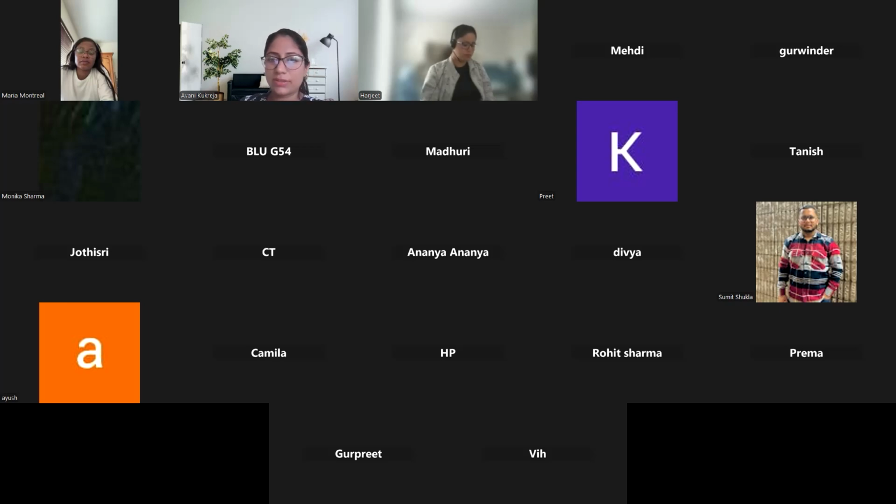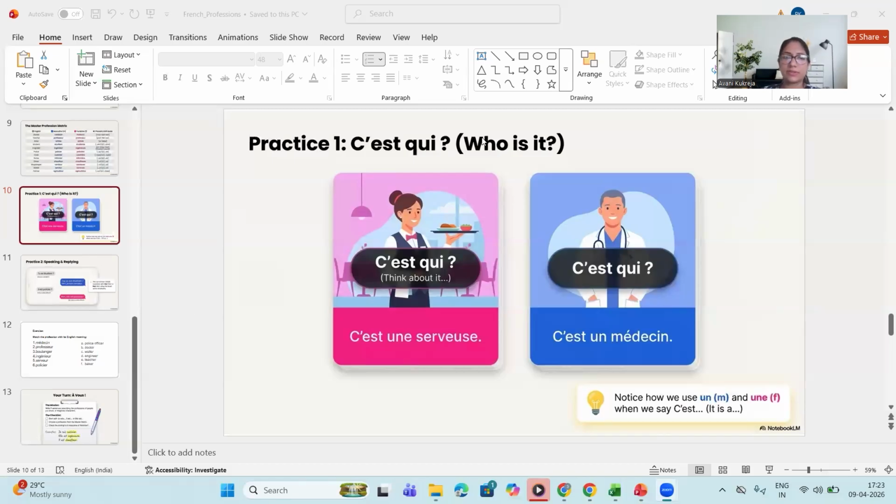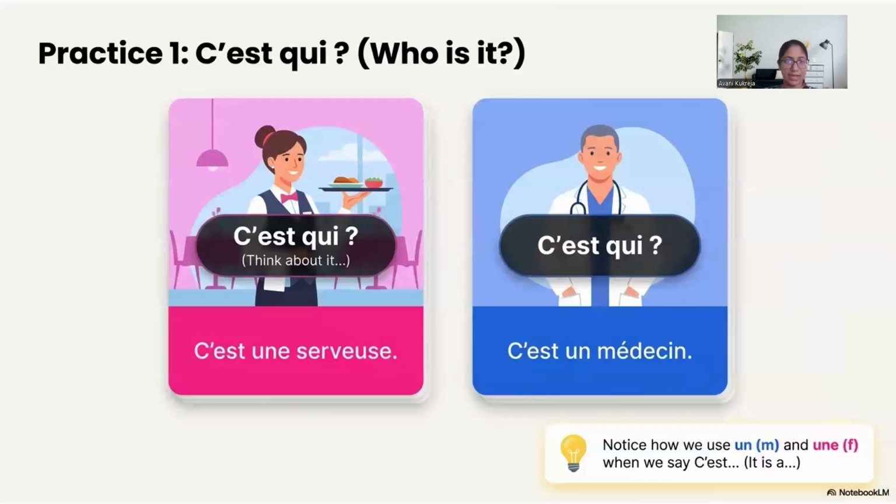Did you all focus? Let me share the screen once again so that this point also becomes clear. So what Ananya is saying, she's referring to this. She's saying, why are we writing un or une? In sentences formed with c'est, this is a student for example, we will use the article.